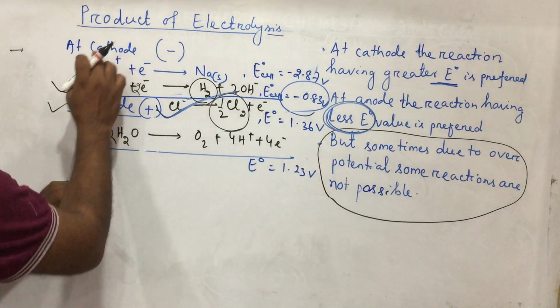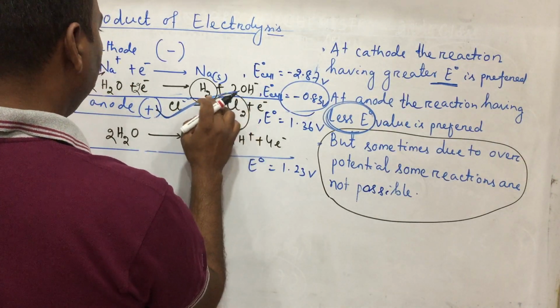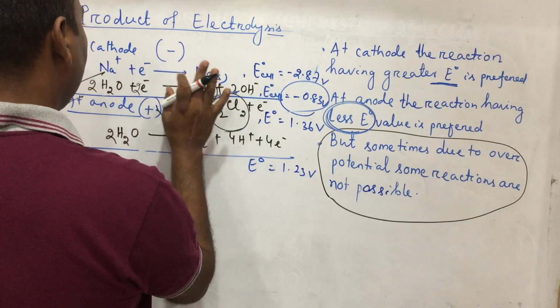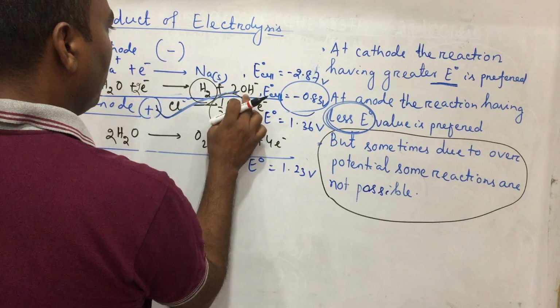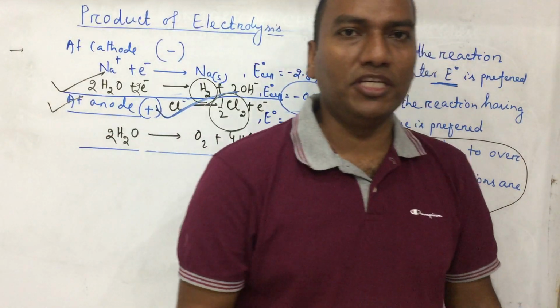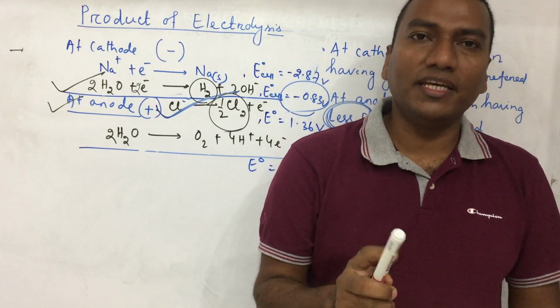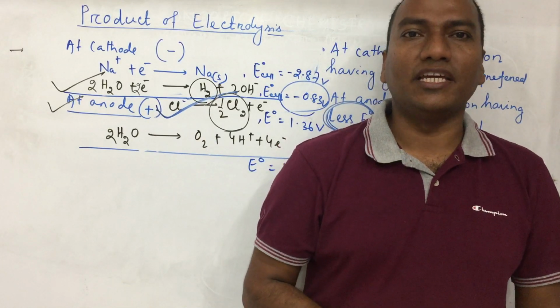Why? Because Na+ and OH- combine with each other to give NaOH. So the resultant solution is alkaline in nature.